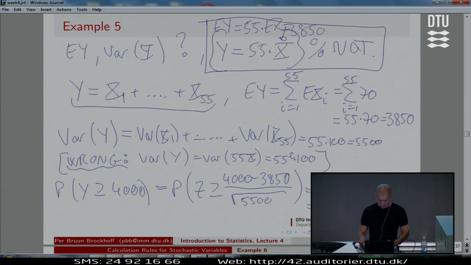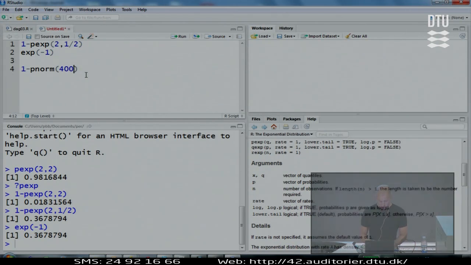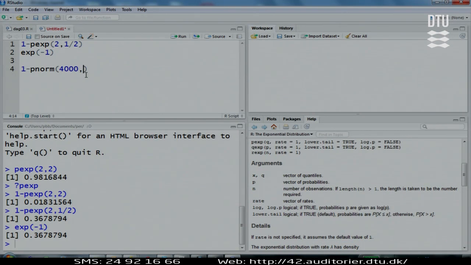What if, let us just finish the what if. What if I had taken it? What is the chance of going beyond 4,000 using a mean of 3,850 and using a standard deviation of, let me see, 100 times 55 squared?